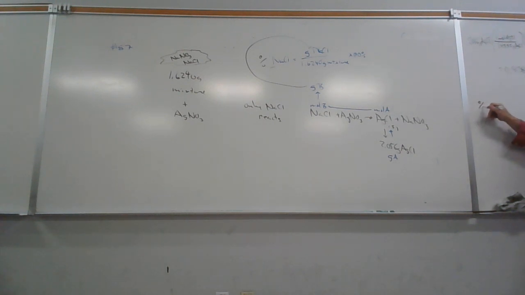And therefore, I'm going to calculate the percent sodium chloride next, which is going to be 0.83835 grams of sodium chloride over 1.6240 grams of mixture times 100%. So this comes out to 51.622% sodium chloride. And then I'm going to take 100 minus this.